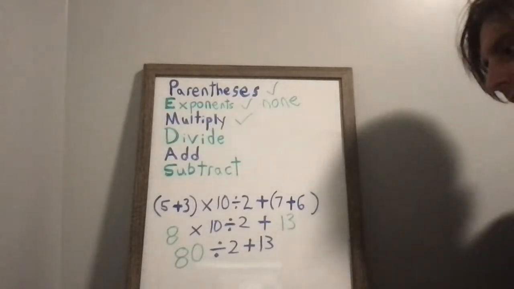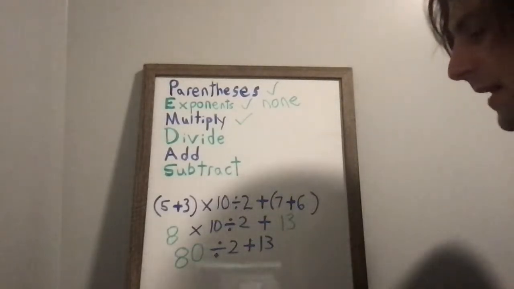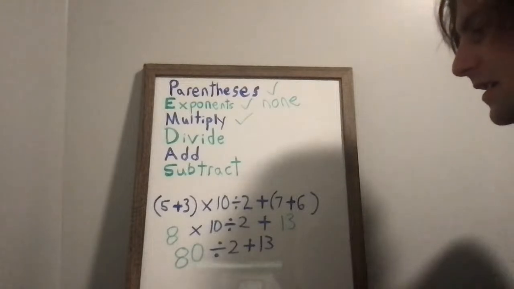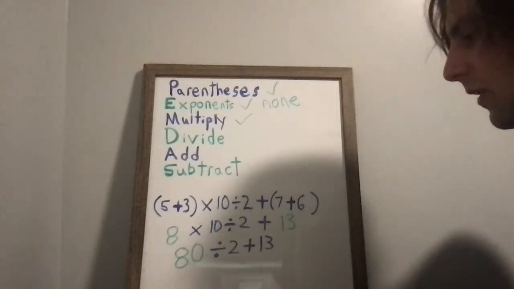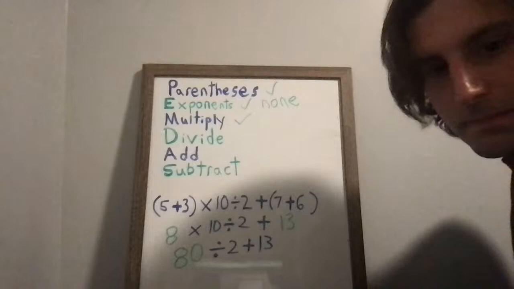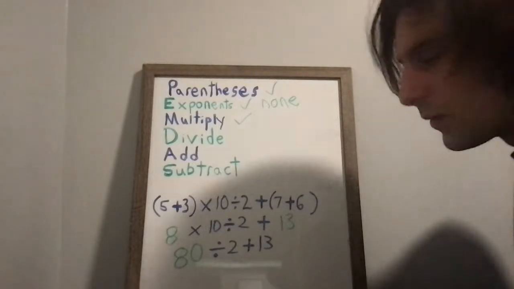All right, 80 divided by 2 plus 13. So 80 divided by 2 equals 40.